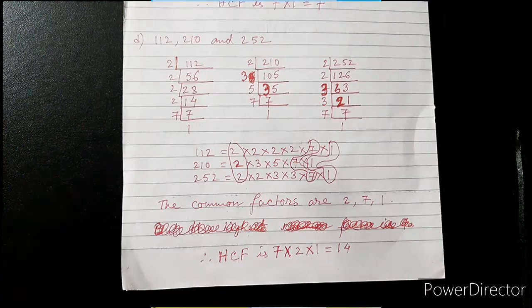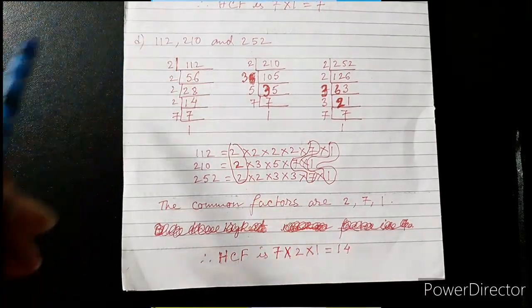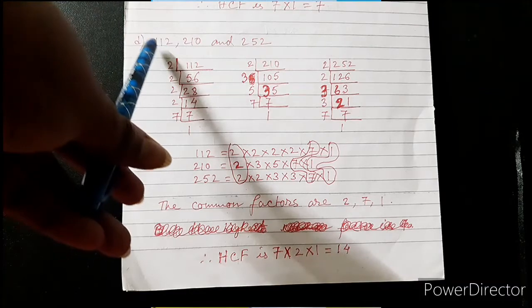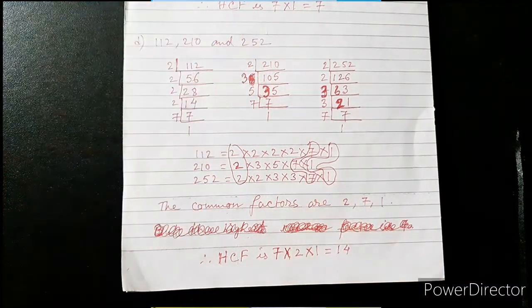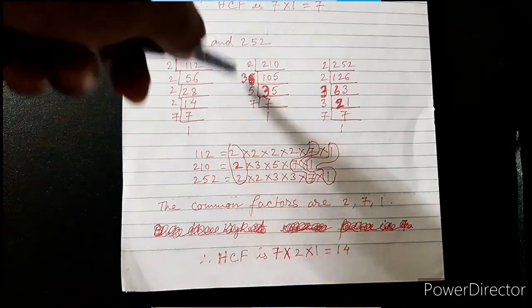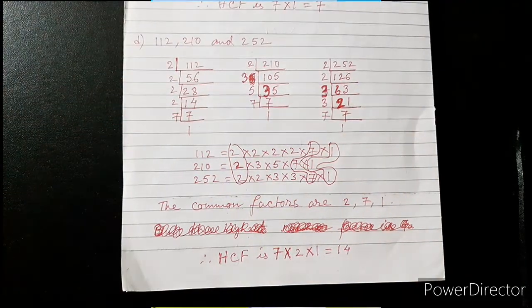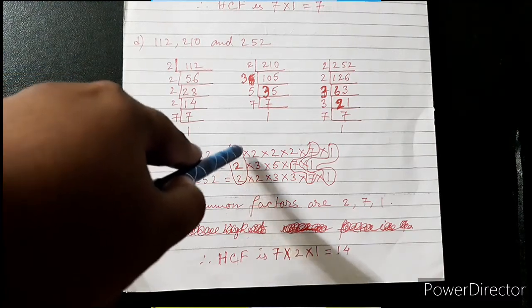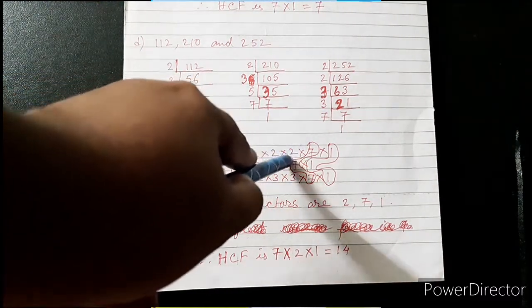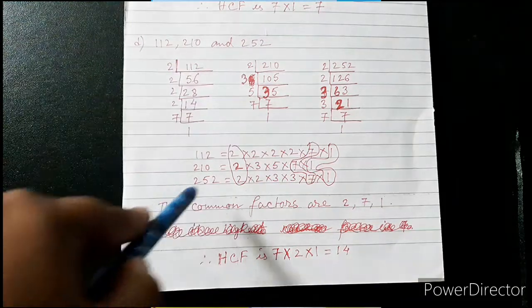The next sum, 6D. HCF of 112, 210 and 252. First we perform the prime factorized method. The factors of 112 are 2 into 2 into 2 into 2 into 7 into 1.